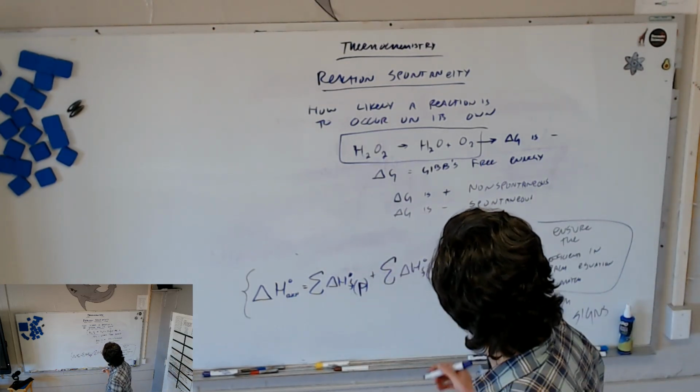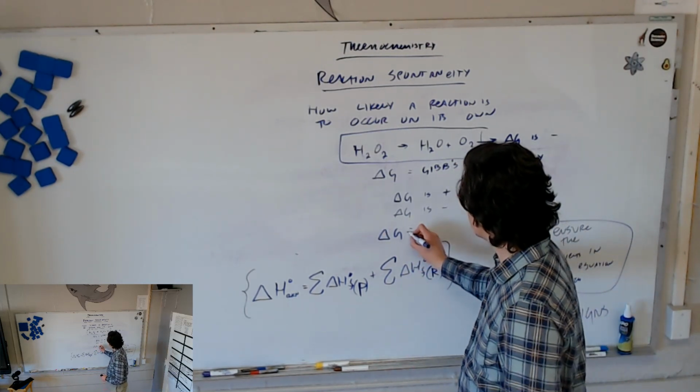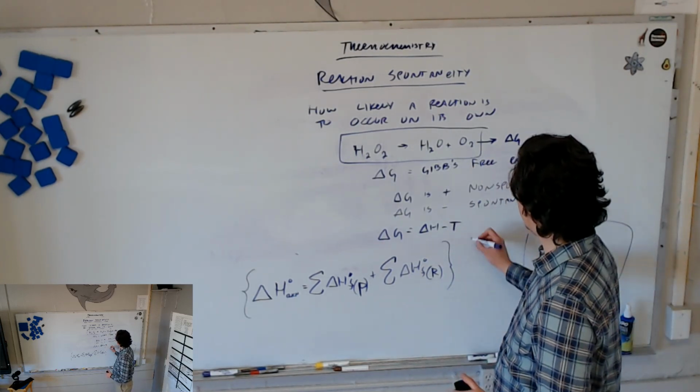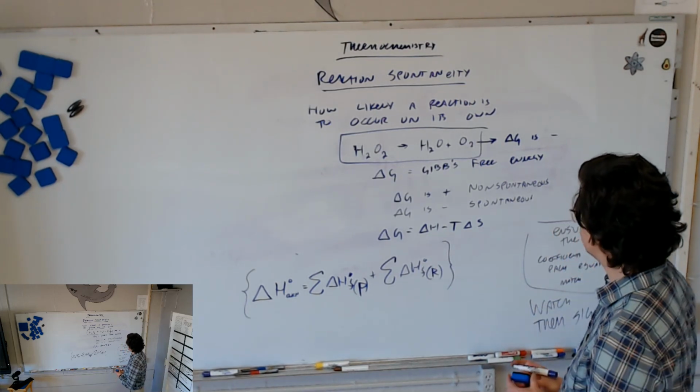Gibbs free energy is calculated this way. Delta G, the change in Gibbs free energy, is the enthalpy change minus the temperature in Kelvin times delta S. We're going to talk about delta S in a second.